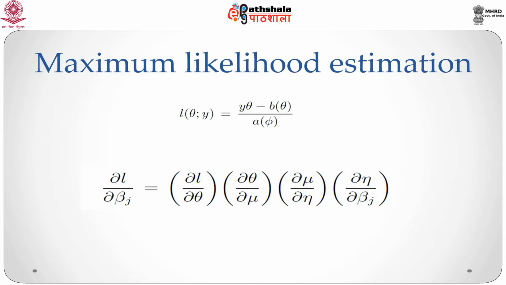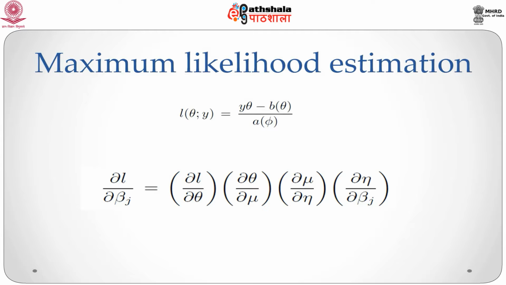So let us consider beta j, which is the jth component of beta. Then using the chain rule, we can write del L del beta j equal to del L del theta into del theta del mu into d mu d eta into del eta del beta j. What are each of these components?